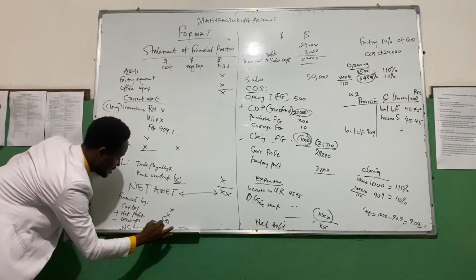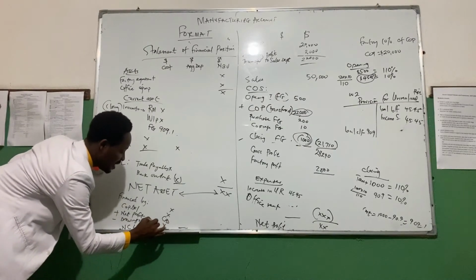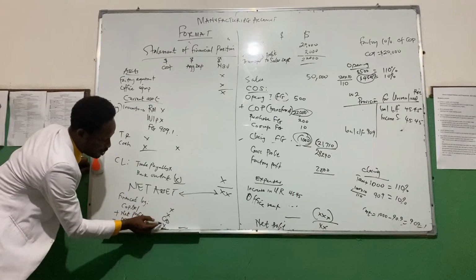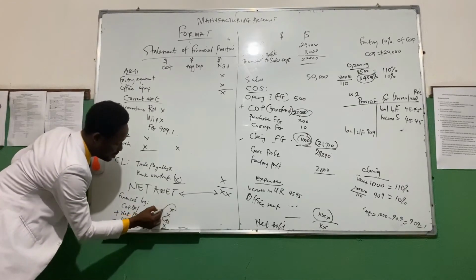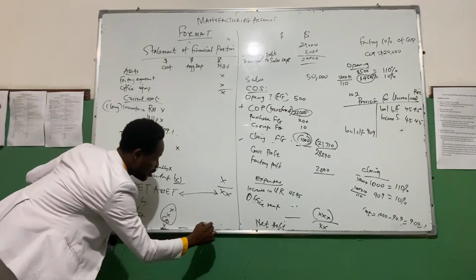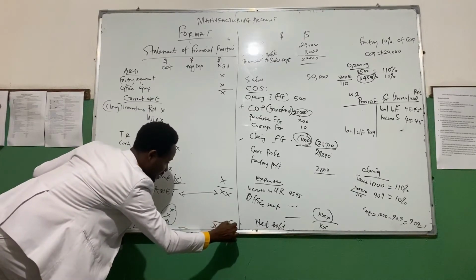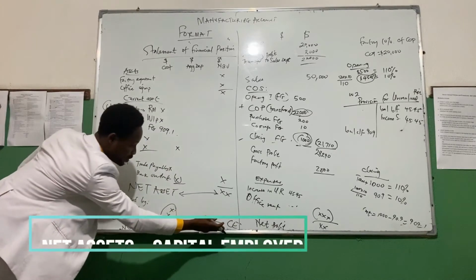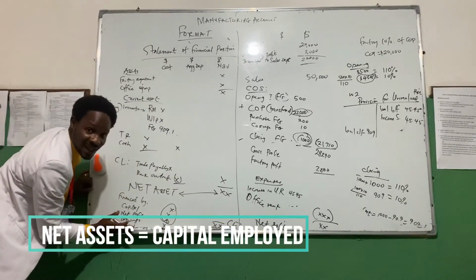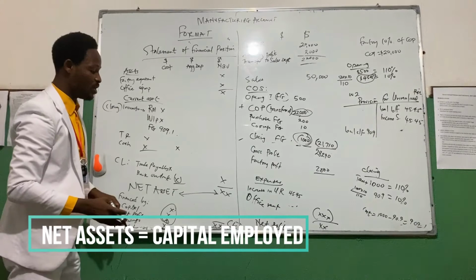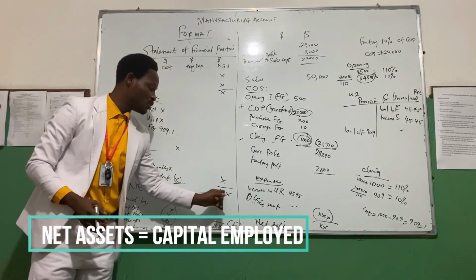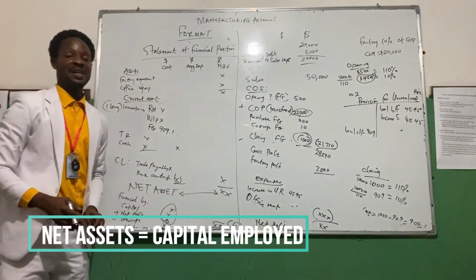The answer you have after adding non-current liabilities is going to be called capital employed. Because of space, you are supposed to write it under this line and call it capital employed, which is expected to be equal to net assets.